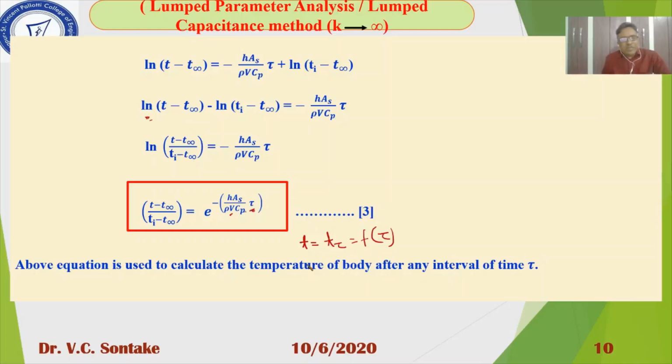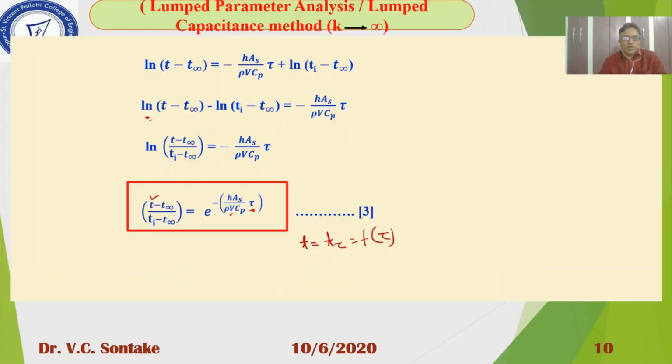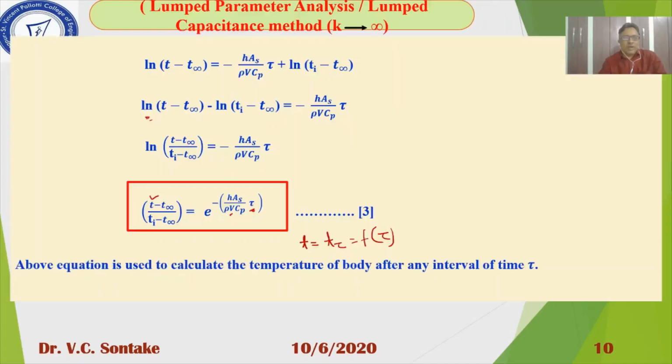And tau is the time interval at which you want to calculate this quantity. So this way you can apply this equation and find out the temperature as a function of time using lumped parameter analysis. So this is all about lumped parameter analysis.